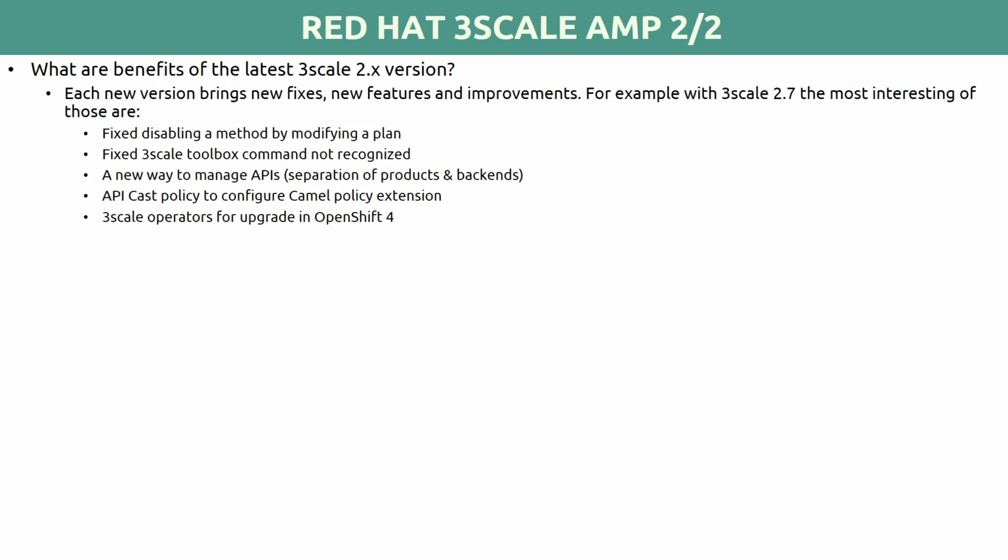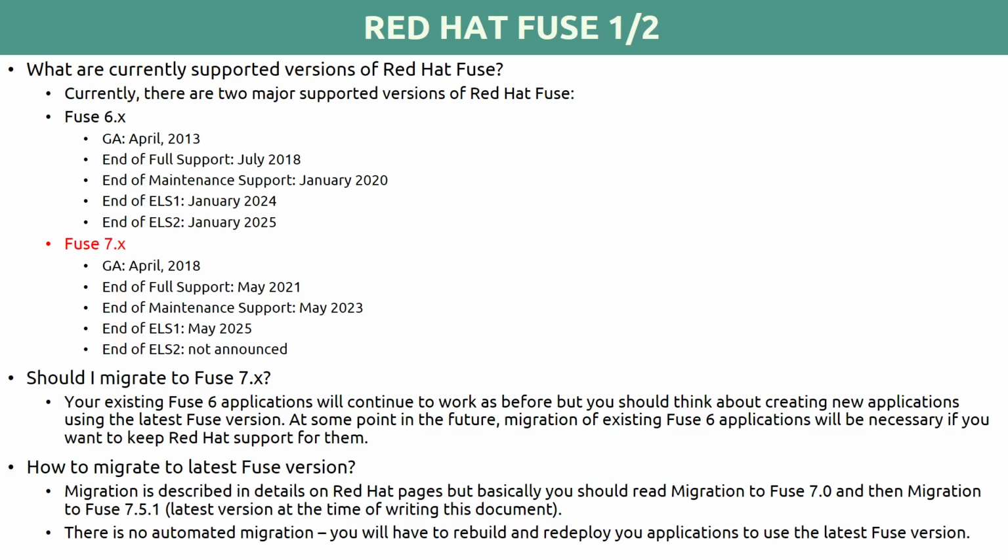This will get you the latest big spec from Red Hat in this area. Also, if you are using OpenShift 4, version 2.7 will get you operators for OpenShift, which will enable an easier upgrade.